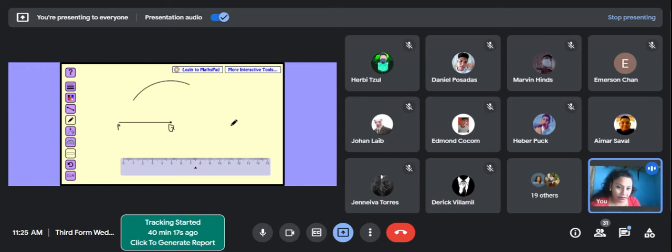And that is what you should have. PQ, and then you draw an arc from Q that measures 4.6.